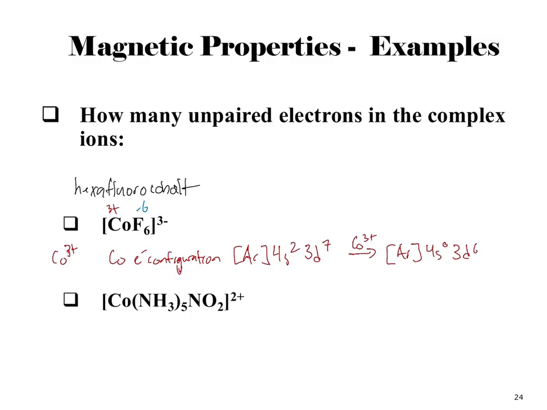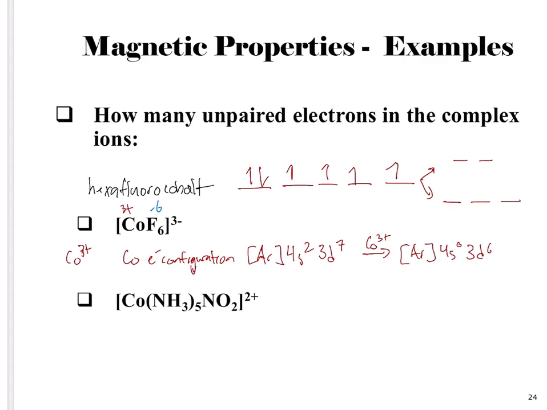Because we need to know how many electrons we fill in for our octahedral crystal field, right? So we're going to fill in 6 electrons here.